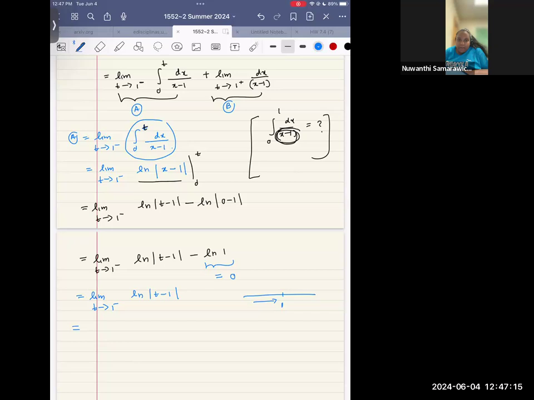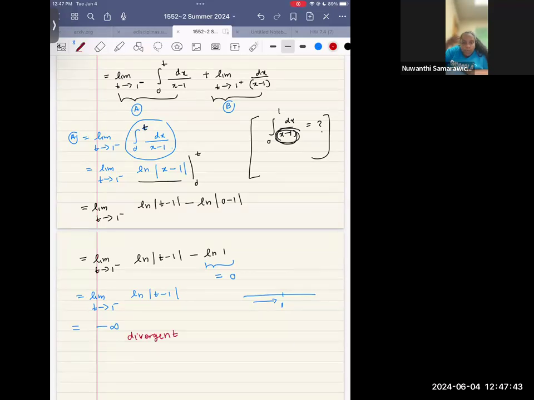This part. Yes, good. It's divergent because here t approaches 1 from the left hand side, so we get negative infinity, which is divergent.